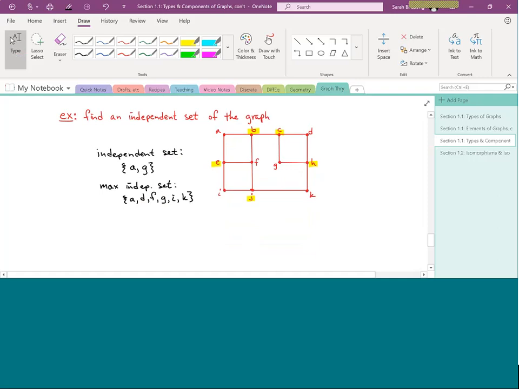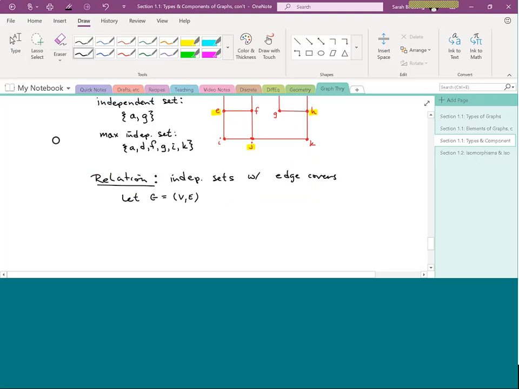So let me actually write down that relationship, since we've talked about it several times. So this is independent sets and edge covers. Let G be some graph. And let's suppose I, which is some subset of your vertex set, is an independent set of vertices.